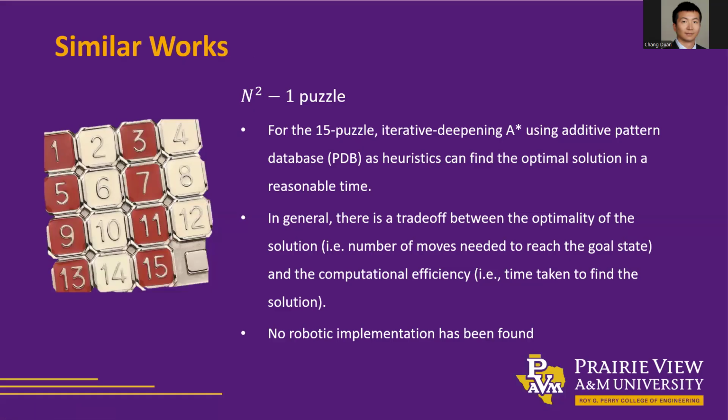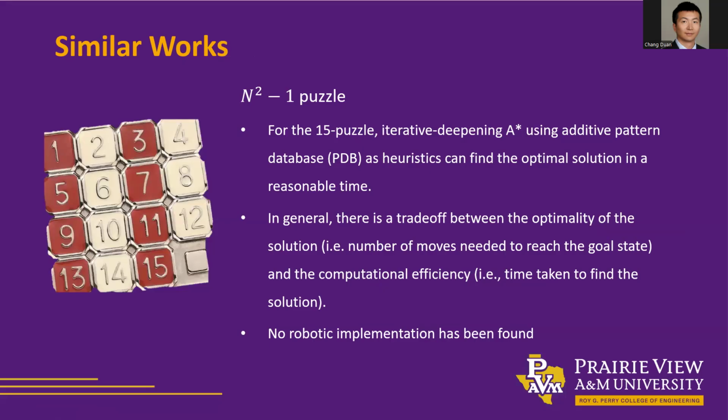For the 15 puzzle, iterative deepening A star using additive pattern database as heuristics can find the optimal solution in a reasonable time. In general, there is a trade-off between the optimality of the solution, that is to say, the number of moves needed to reach the goal state, and the computational efficiency.